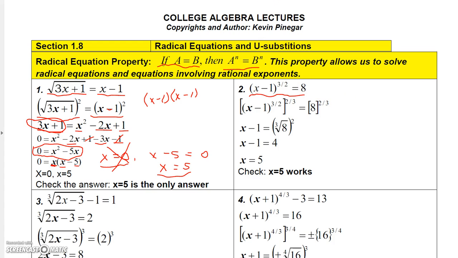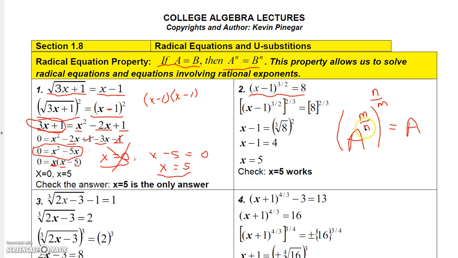If you had a raised to the m over n power, and you wanted to get rid of that m over n, if you raise it to the reciprocal of that, n over m, well, guess what that would give you? That would just give you a.